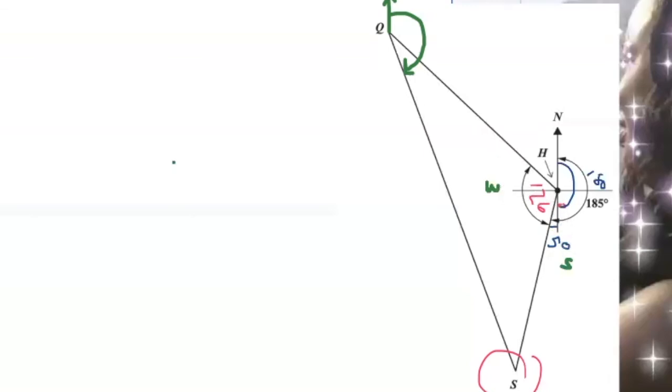Now, if you're not seeing it, what I'm saying is that here is the south and here is the west. We know that a 90 degree angle is formed. So if this little portion is 5 degrees, then the remaining portion should be 85.